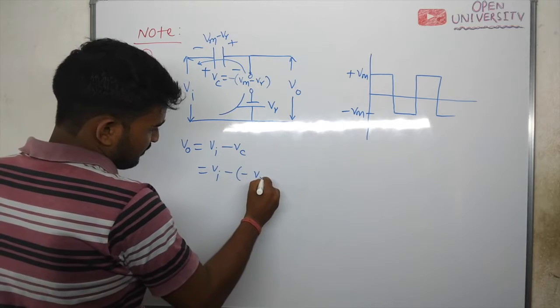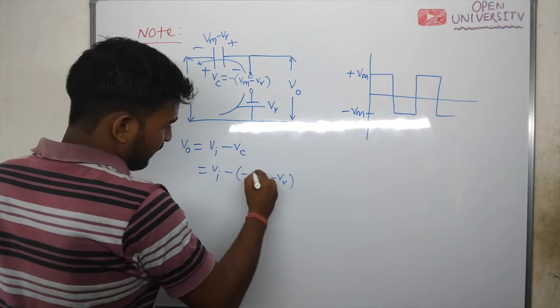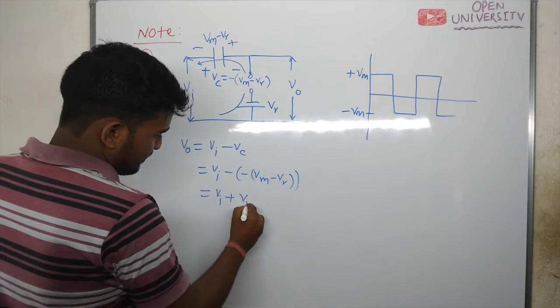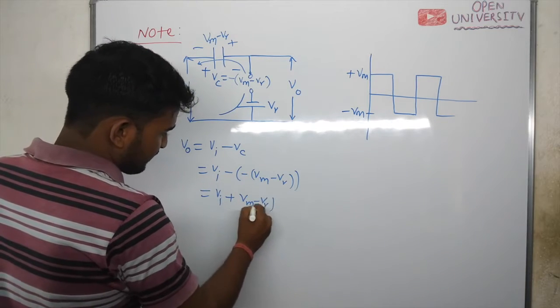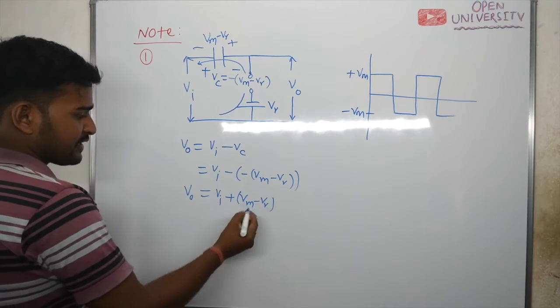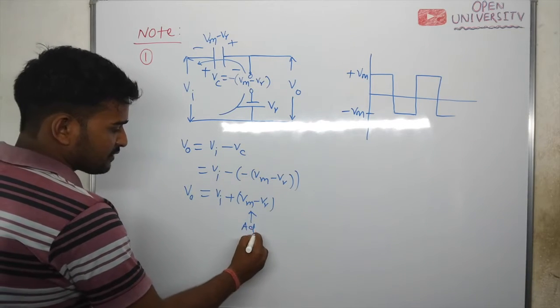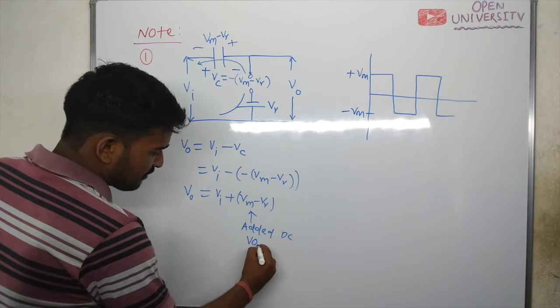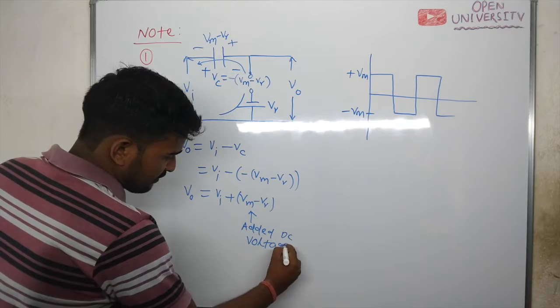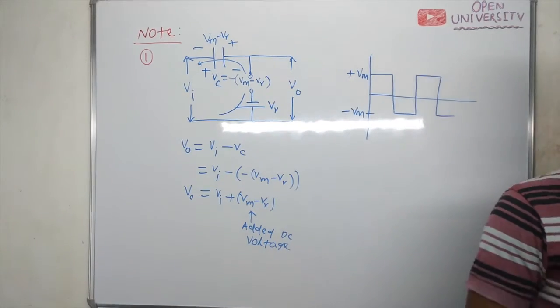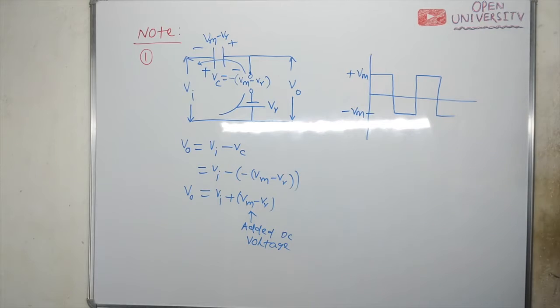Minus of Vm minus V gamma. So you can write Vi plus Vm minus V gamma. This is your added DC voltage, the DC voltage added with the input voltage.